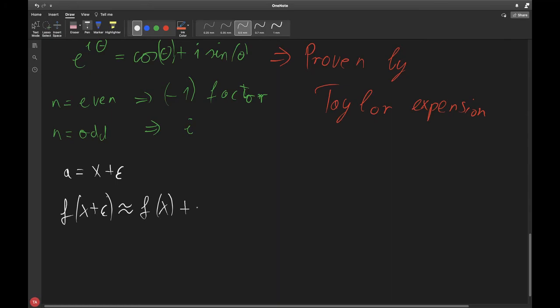And then we add the change in that function with the change in the x. So that's going to be denoted as the derivative of f by x. And then we will have terms in which we have epsilon squared.